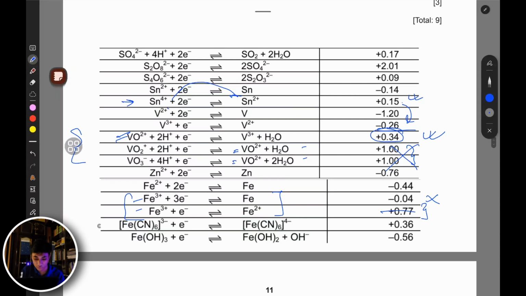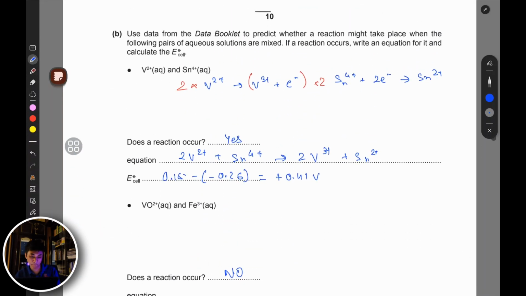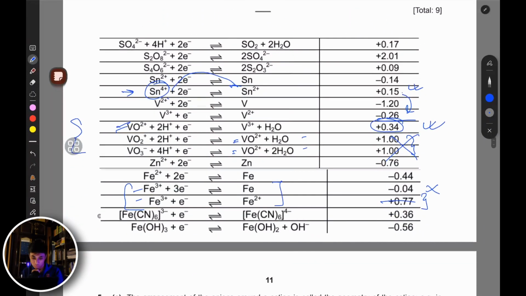So Sn4 plus and V2 plus. Where do we have Sn4 plus? Here we have Sn4 plus. Do we have Sn4 plus anywhere else? No, we don't. And the other one is V2 plus. V2 plus is available over here and over here. Interesting. So we have two values for V2 plus, these two, and Sn4 plus is only available in this electrode potential.